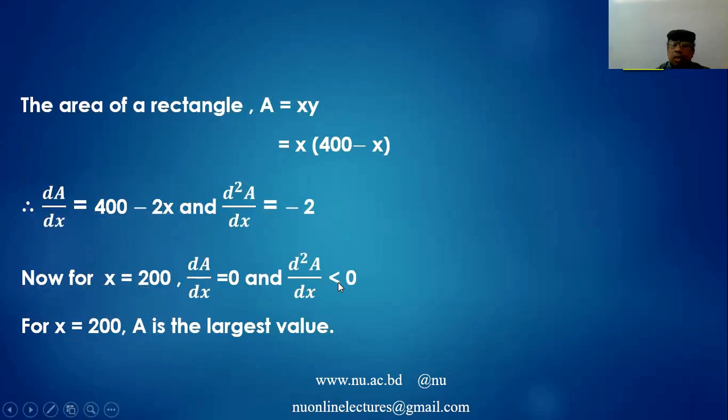It should be less than 0. It is less than 0, as it is minus 2. So we can easily say now when x equal to 200, the area should be the largest. So A is the largest value.